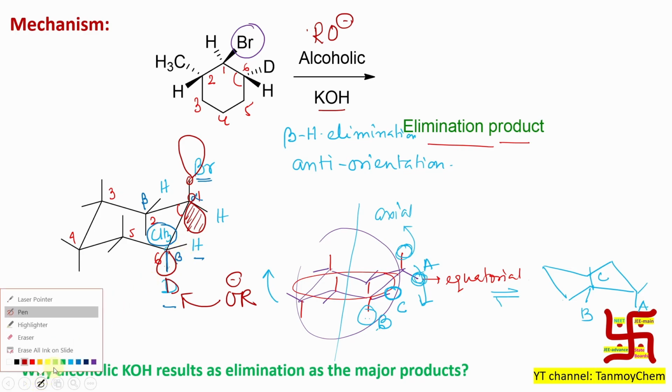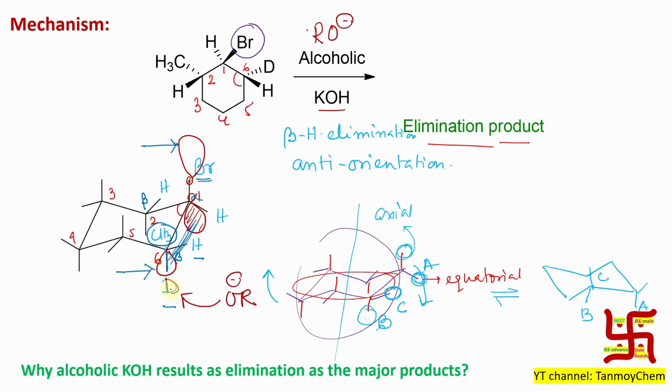Remember, any bond cannot be made in any way. It's not that easy, so you need to have proper conformational orientation, and that is obtained in the anti-orientation. So the sigma star, which is actually vacant, gets electron density from the bond pair produced from the sigma bond of C-D.